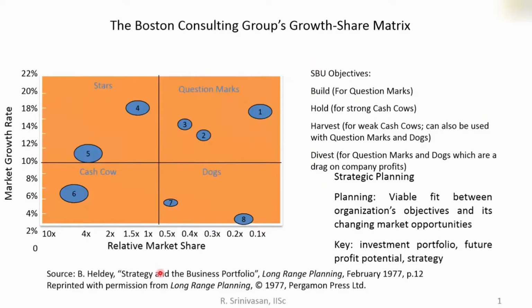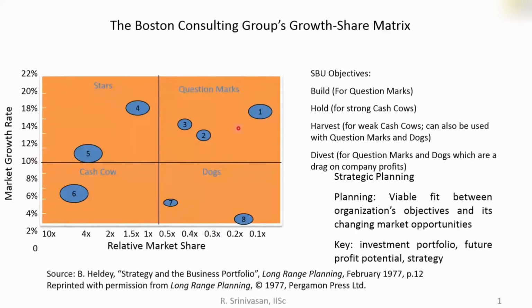As I mentioned, this is a matrix of the market growth rate against the relative market share, the x-axis being on the logarithmic scale and the y-axis on the normal scale. The dividing line is 10% here. This graph is divided into 4 compartments.